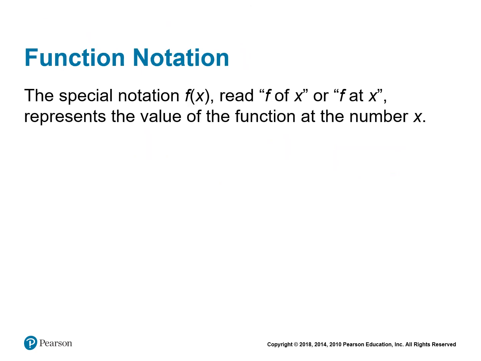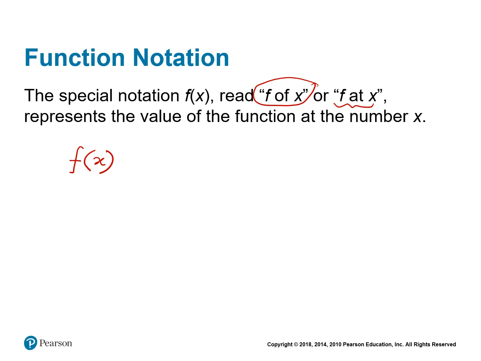This is a quick review of the function notation. The way we write or represent a function in mathematics is f and then within brackets x, f of x. Sometimes they also refer to it as f at x, but this is the most commonly used form of representing a function.